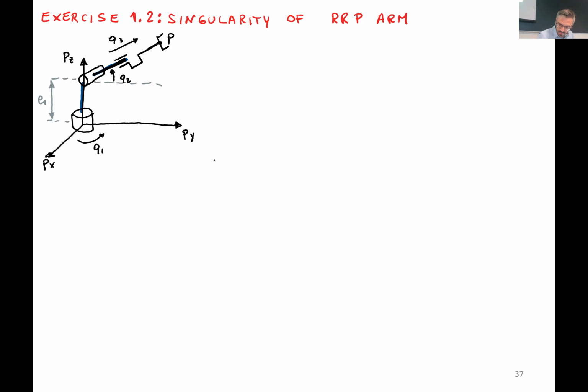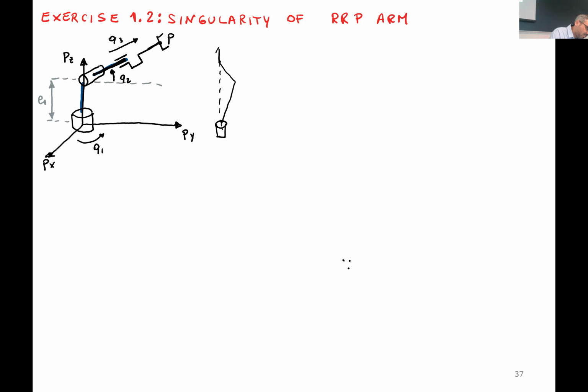In the meanwhile, I understood what was the issue with the internal singularities, the shoulder one, for example, and we will see an example here. Actually, the fact that we have the end effector on the shoulder axis means that we are in a singular configuration because the rank of the Jacobian reduces.